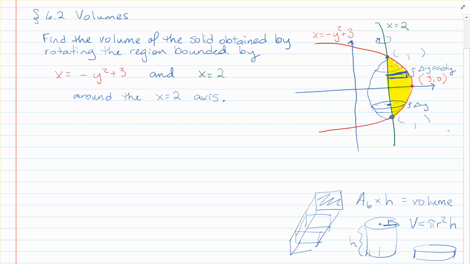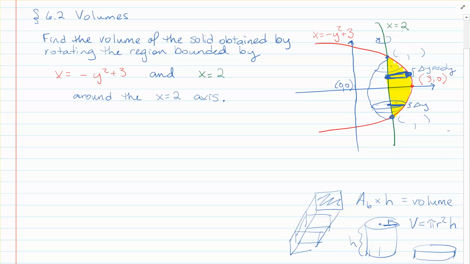What would the radius of that disc be? Well, the radius is whatever the distance is here, the x distance. So how do I find out that x distance? Well, my axis is all the way over here. Here's 0, 0. The x distance for this representative rectangle is whatever this point is in the x direction minus whatever this point is in the x direction. And to figure those out, I need to go back to my functions, x equals negative y squared plus 3 and x equals 2.